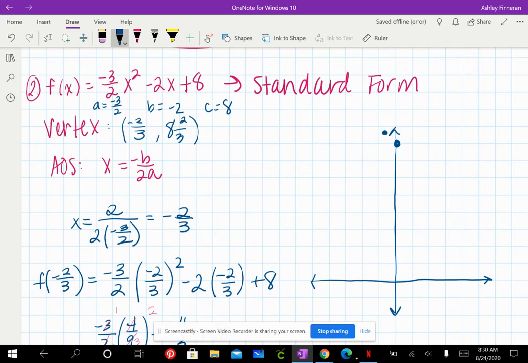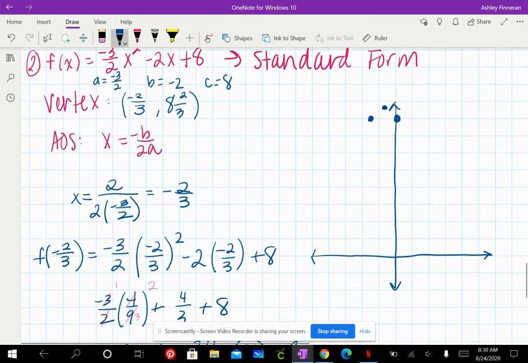Now remember, because the vertex was at negative 2/3, I would have to go 2/3 over to get another point at 8, which is a little bit trickier. We just have to make sure that it's symmetric. So it's 2/3 over. So if I went 1 over, it would be down 1.5. But going down 1.5 from 2/3 gets a little bit tricky just to have it be pretty accurate.